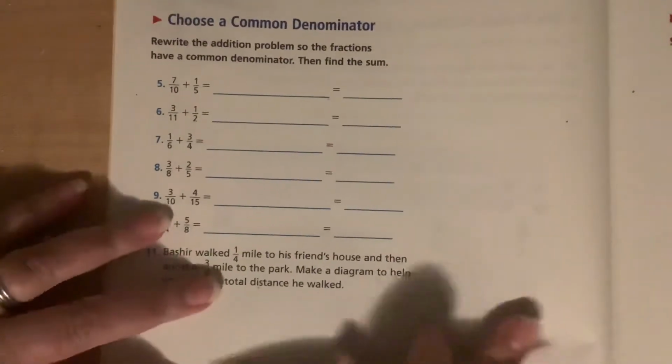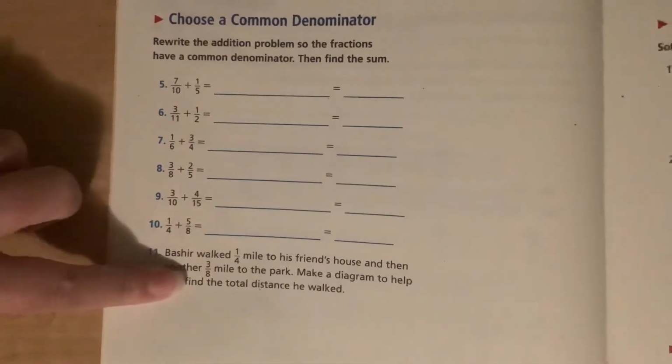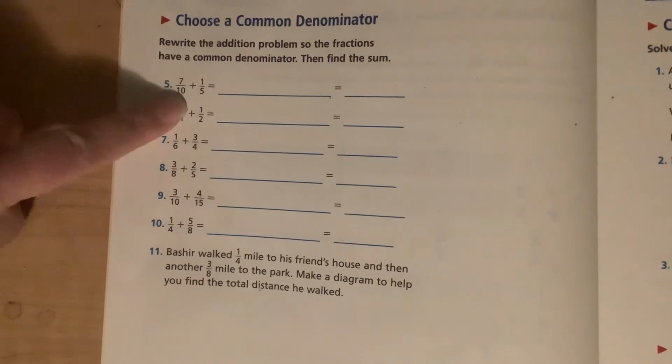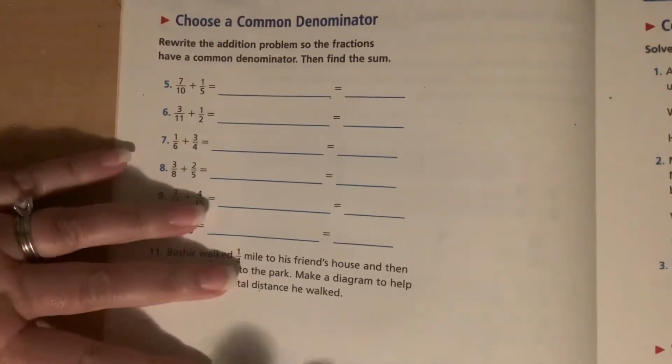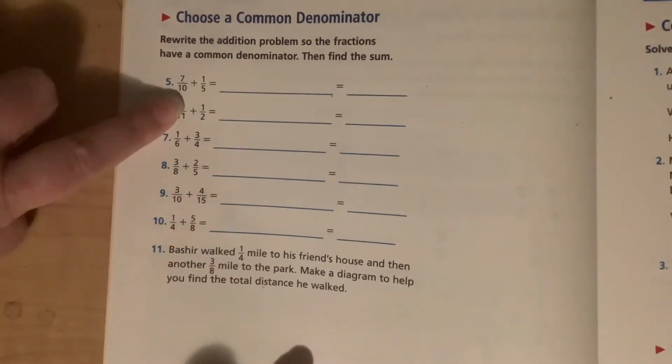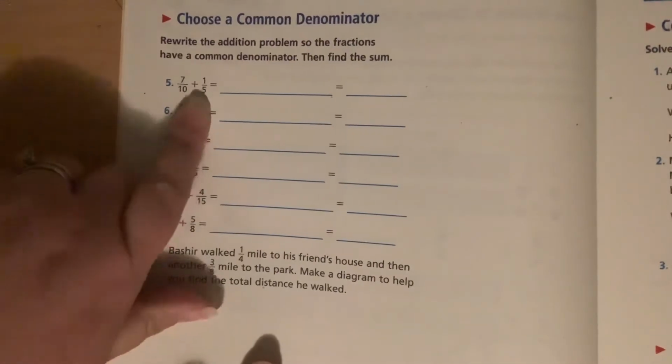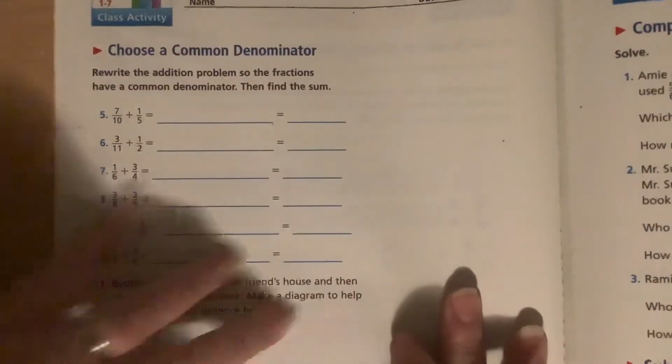Okay. So when finding equivalent fractions, that's kind of what we're doing. In order to add these together, you have to find common denominators. Sometimes you're going to find common denominators for both or one. So in this case, we're going to do this one together, and I rewrite things. I don't go side to side. My brain doesn't work like that.